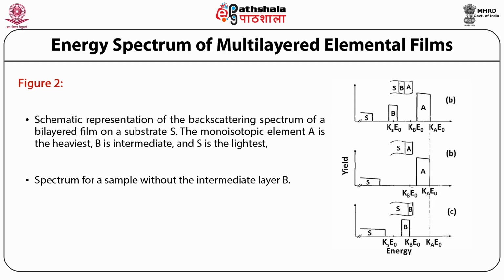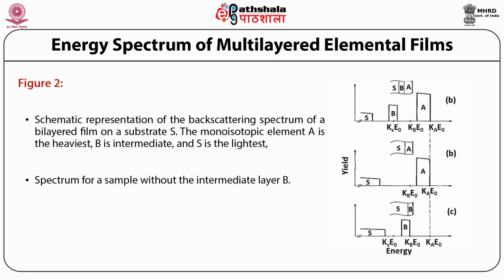The high energy edge of the signal of B now appears at Kb E0 because B is at the surface. To a first approximation, the signals of B and S are both shifted toward higher energies by an amount that roughly equals the width of the absorber signal A.